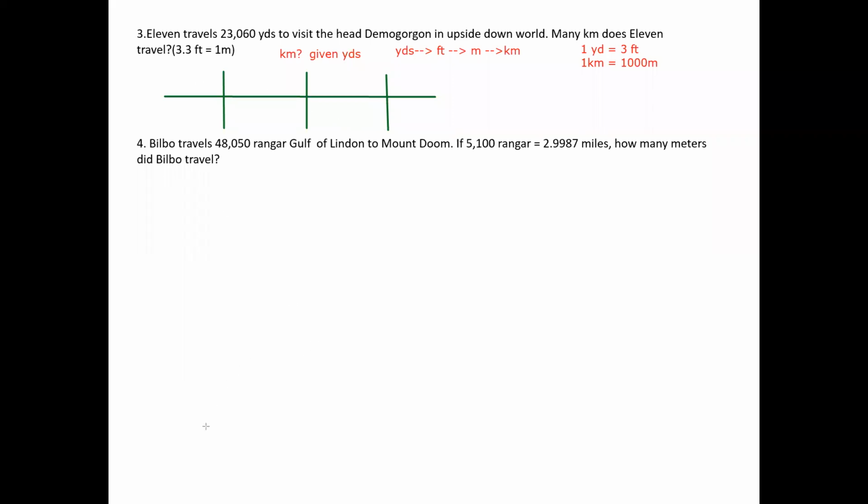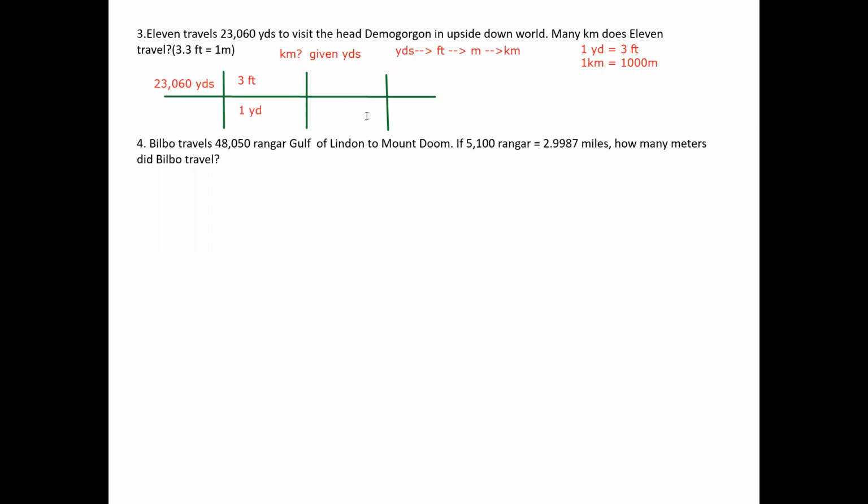So again, we start with our original number, 23,060. And the first thing is to go from yards to feet. So since we're starting with yards on the top left, in our conversion, yard will go on the bottom. Feet will go on top. So that's step one, converting from yards to feet.